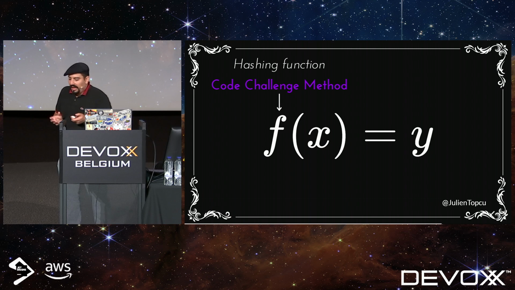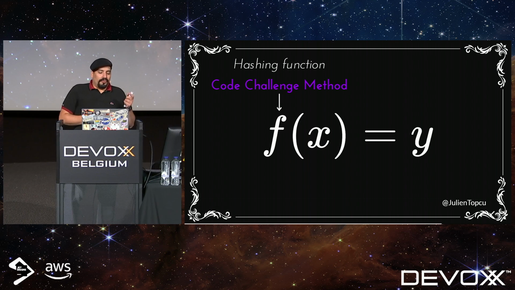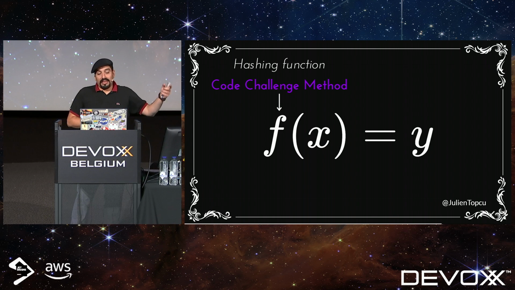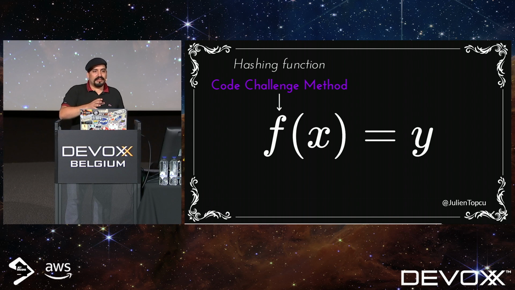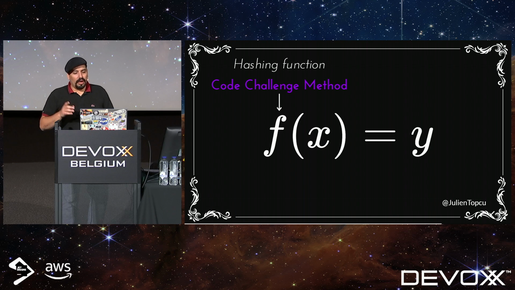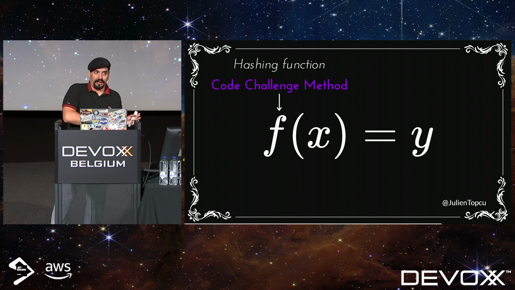A hashing function has a nice property: if you take that mathematical function, f of x equals y, this is a one-way function. You can get the y from the x, but the inverse is really hard to do. To find back the x from the y is practically impossible.